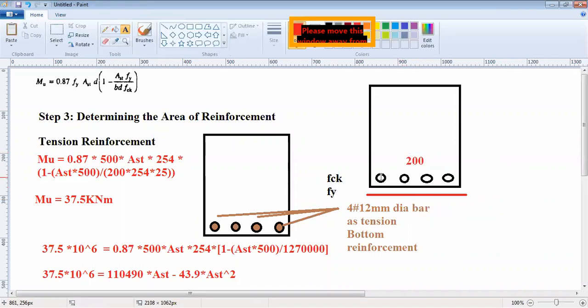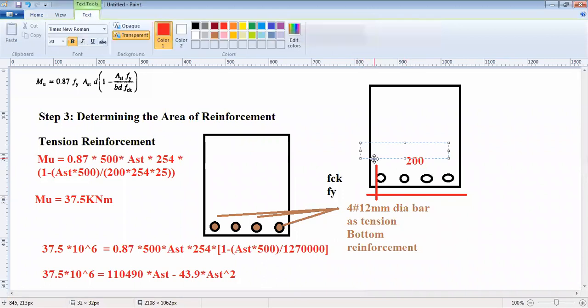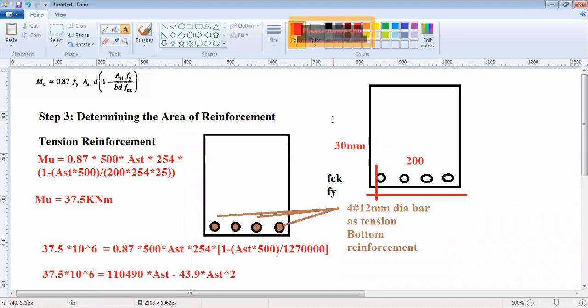Then how much was the cover on the ends? How much was the cover we provided, side cover as well as bottom cover? 30 mm. So from here, from the other side also, 30 mm will come.